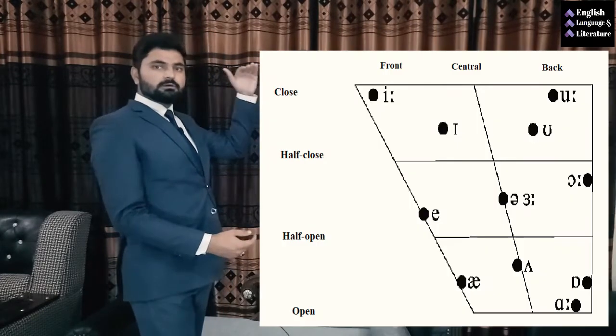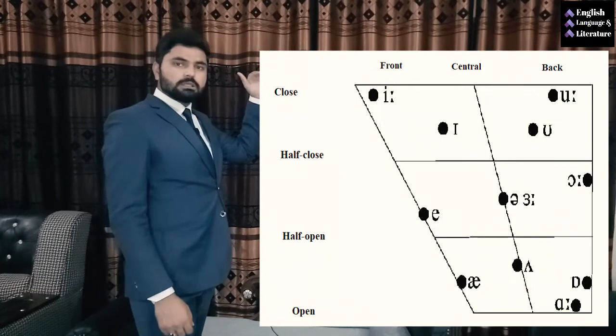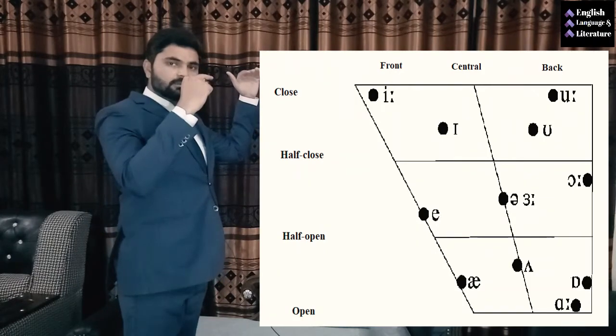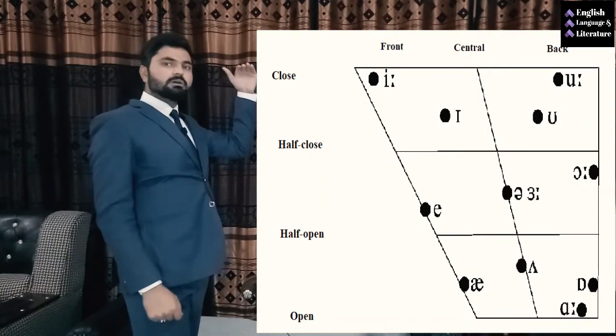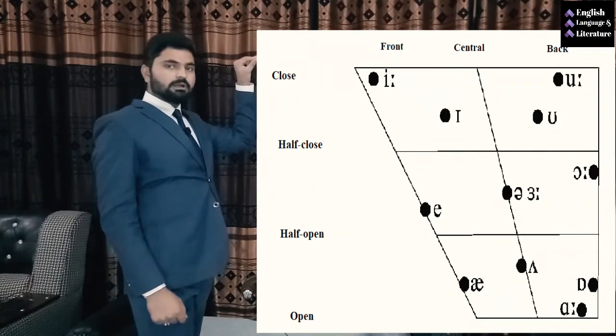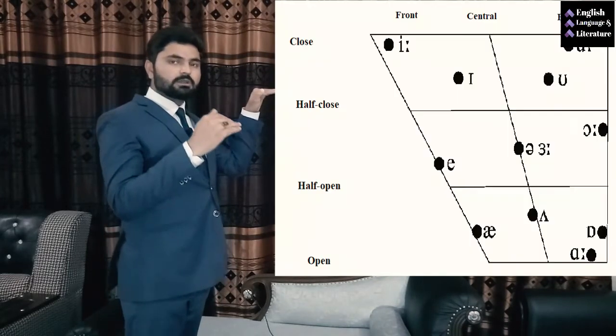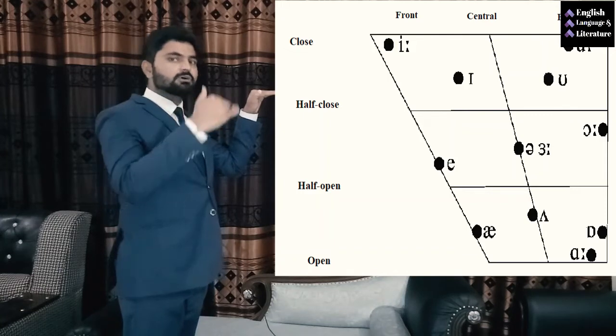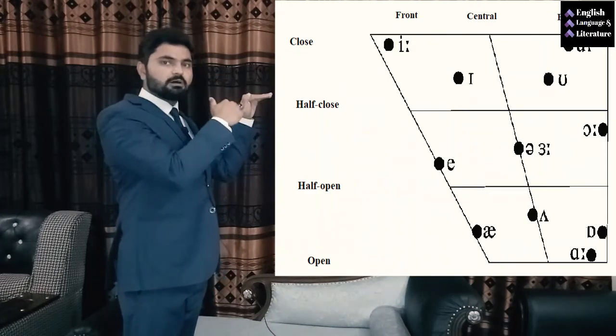When we produce the sound E, the tongue is raised and there is a closure. It means that the mouth gap is closed by the tongue. The tongue is raised to the roof. That is why here it is close. Then there is half close when we produce the sound sit. In this sound, the tongue does not reach the roof, therefore it is half closed.